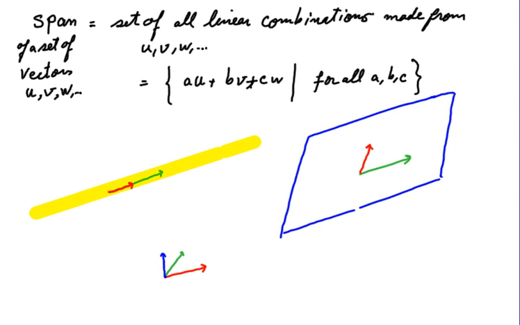So I have these three vectors. What would be their span? Every point in this room, every point in the entire space actually, can be reached by taking an appropriate number of steps in the green direction, the red direction, and say this black direction. That's going to take you to wherever you want to go in space.